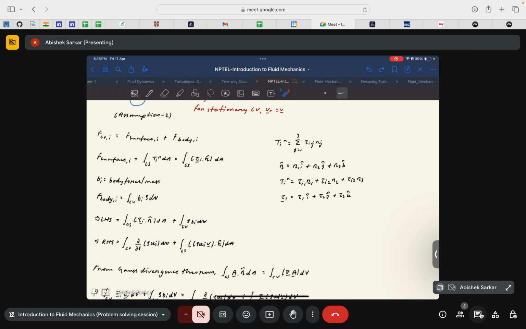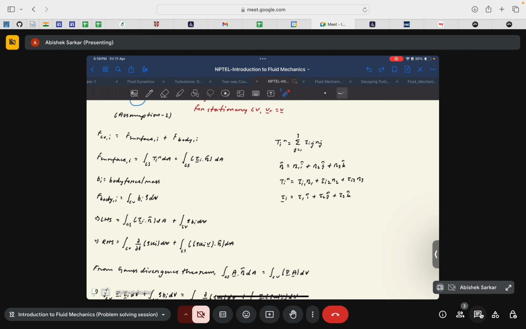If I just try to recall, Professor Chakraborty might have taken an ample amount of time to deduce this derivation, so I will not go into detail, but I'll briefly go through it once so that you can understand. It's basically introducing, or I must say replacing, this traction vector in terms of the shear stress tensor.